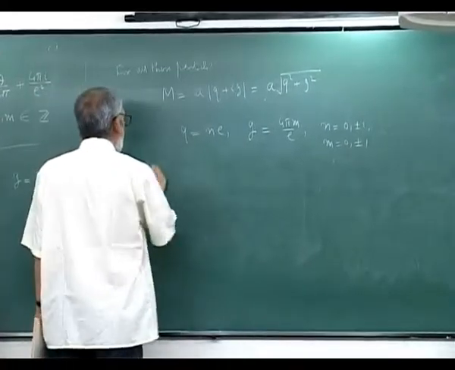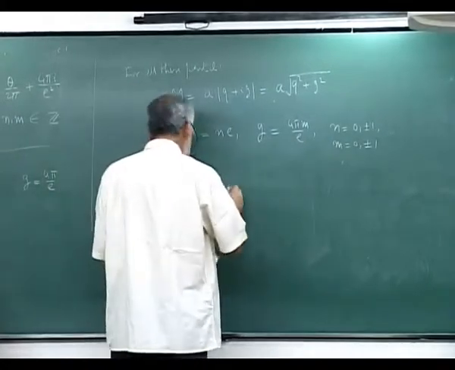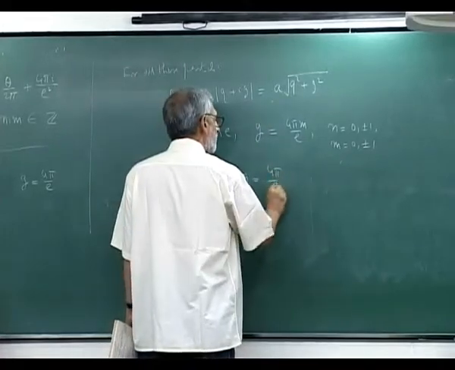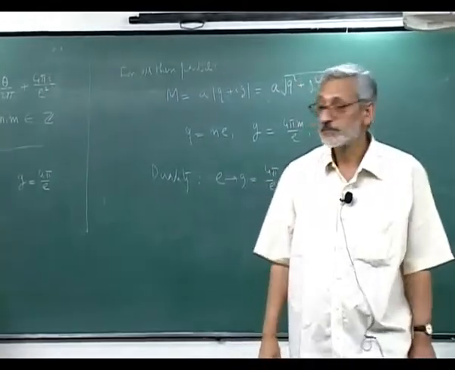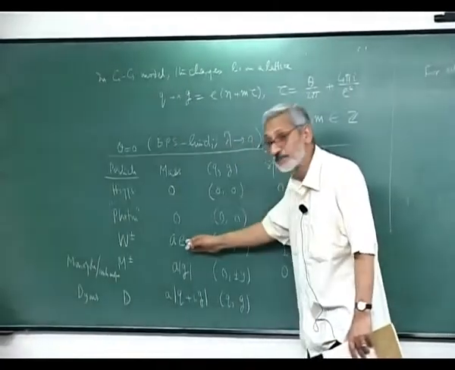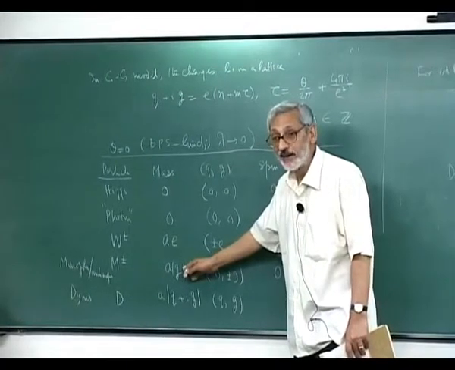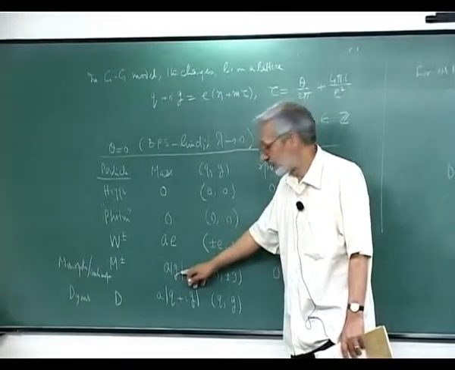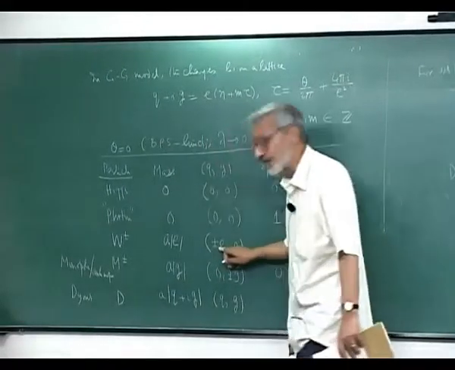This mass spectrum has a duality, and the duality is e going to g, where g is 4 pi over e. These are dual. E goes to g, and the mass is this. Maybe I should have put the modulus here also, since this mass is the modulus of e plus and e minus.